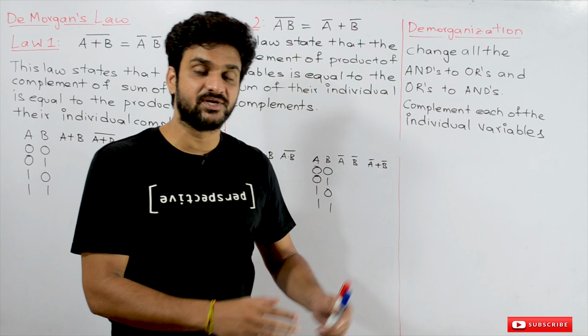Now how can this De Morgan's law be represented by using logic gates? (a plus b) whole complement: a plus b is an OR gate, and the complement of it is just the bubble, which is the same as a NOR gate.